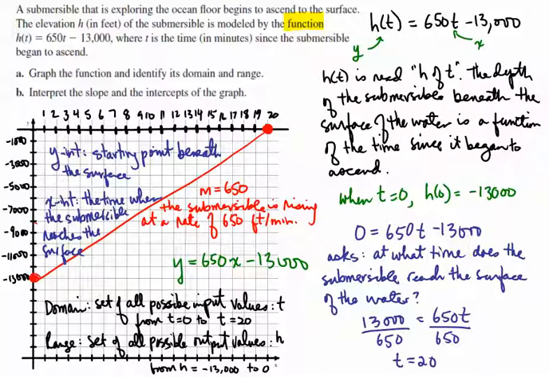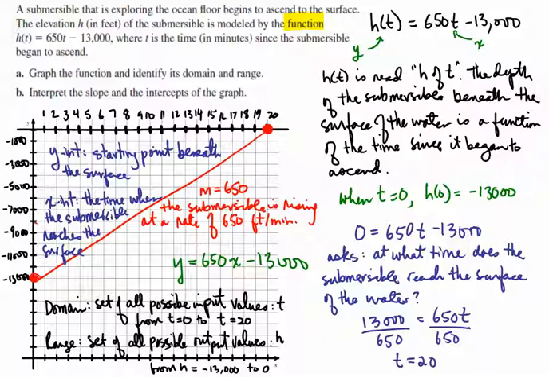So all of these things are very important, and we want to be able to analyze functions and their graphs, and to be able to interpret that type of information from the function and from their graphs there. And we could use this graph and this function to tell us at any point in time after it begins to ascend how many feet below the surface of the water it is.